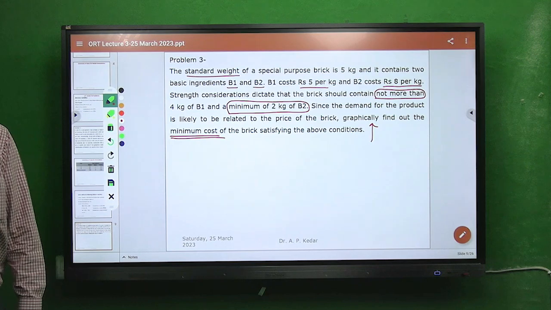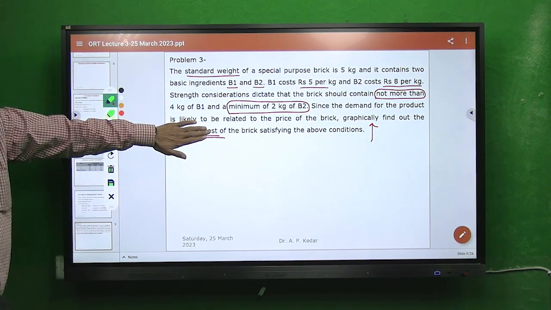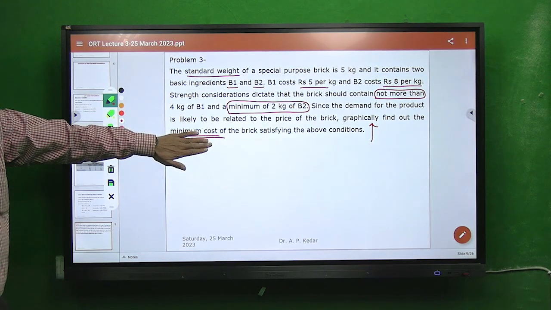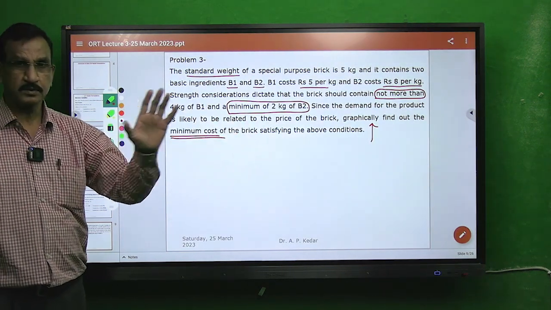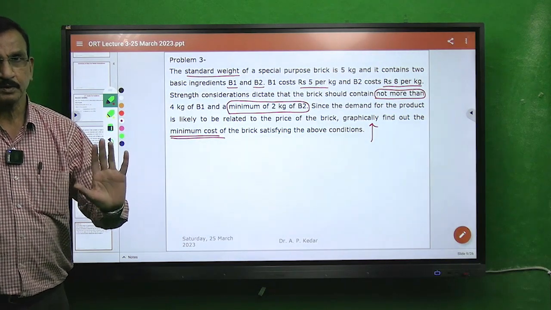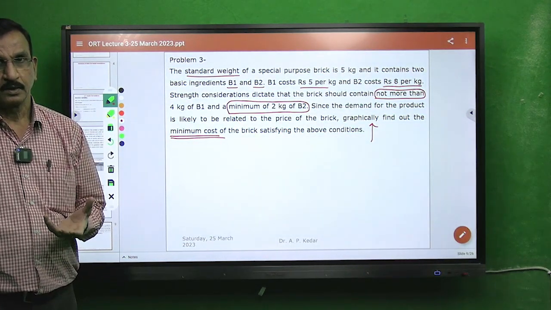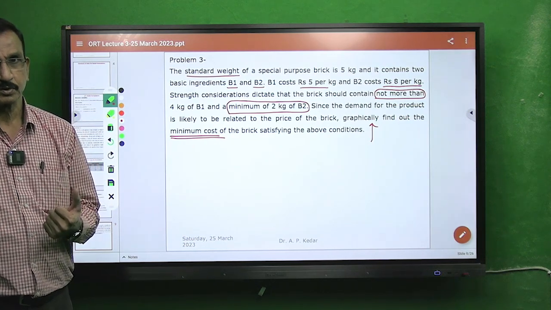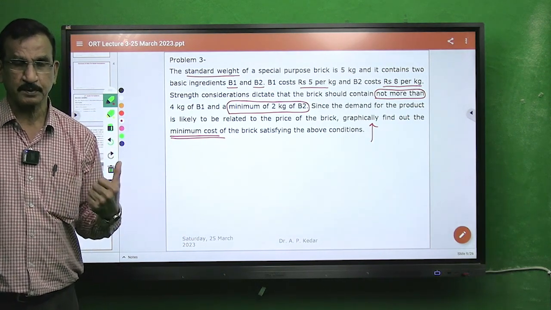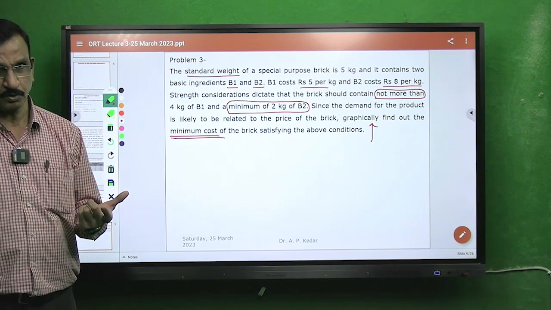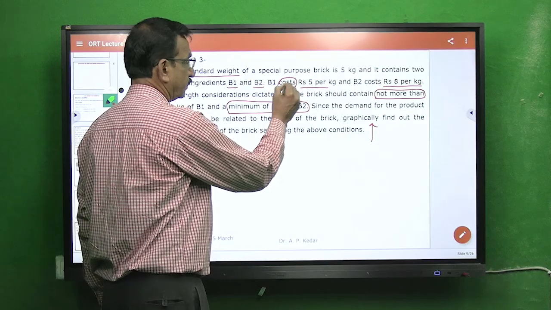Again in this problem, even if the minimum cost were not stated and it were simply to determine the optimal mix of ingredients, we should smell out that the objective function must be to minimize cost, because cost is given.